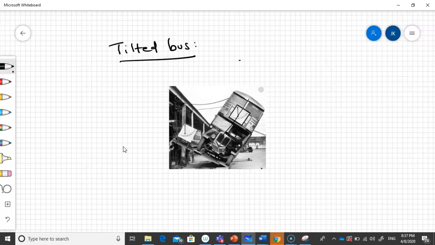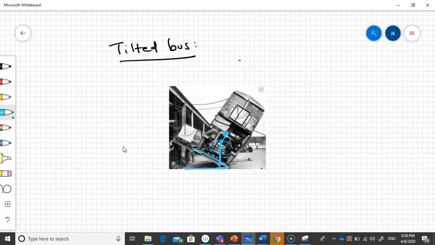So approximately, considering the total length here, because the engine is here, it will be closer here. Now here is the surface, here is the base. You have to draw a vertical line to the base from the center of mass.